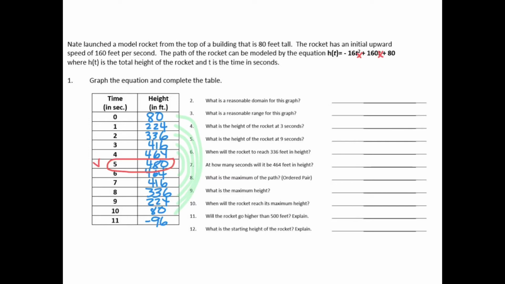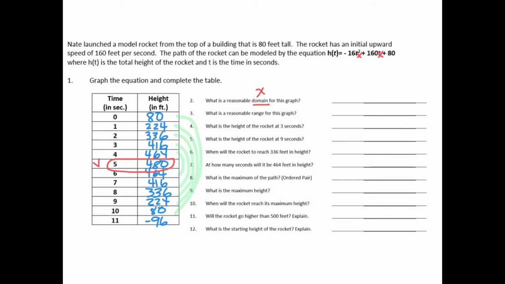Now I get an idea about the heights, so I can start answering my questions. What would be a reasonable domain for this graph? Well, first of all, domain is always talking about x values. And I know that the domain for any quadratic could be from negative infinity to positive infinity. But in this case, I know that this is taking off from 0, and once the rocket lands on the ground, that's going to be it.